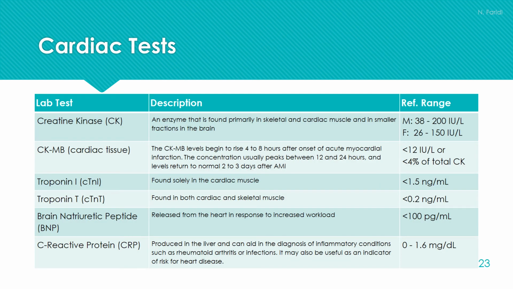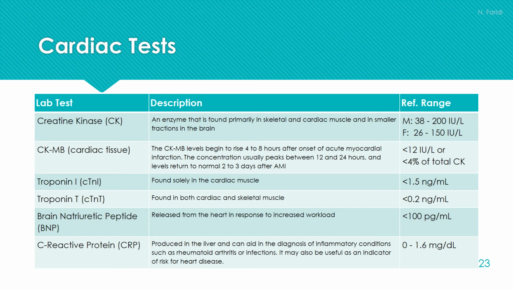Here we have the cardiac tests. These are useful for patients that have a possible myocardial infarct or they have heart failure. So here we have creatinine kinase, which is an enzyme that is found primarily in skeletal and cardiac muscle and in smaller fractions in the brain. Next we have CKMB.